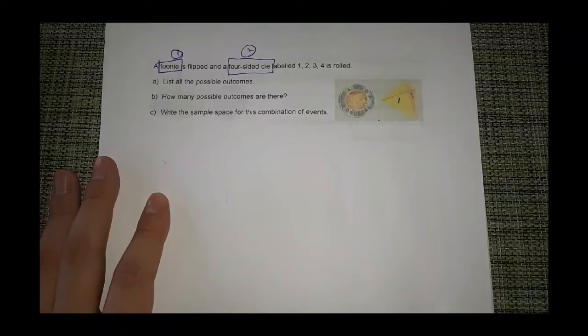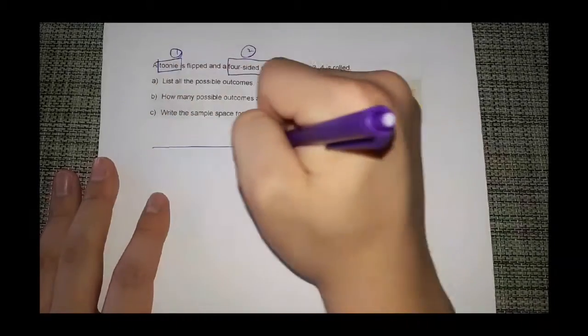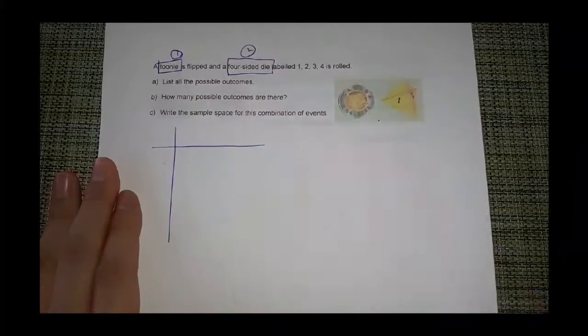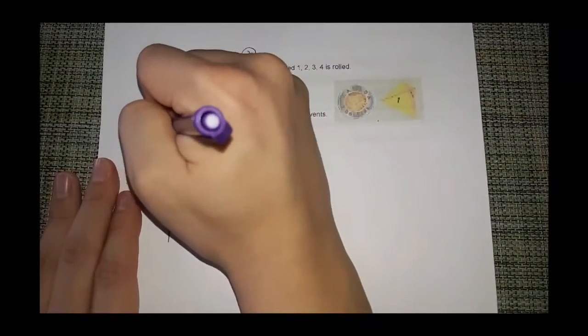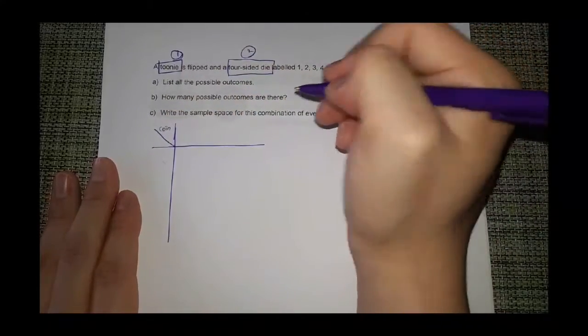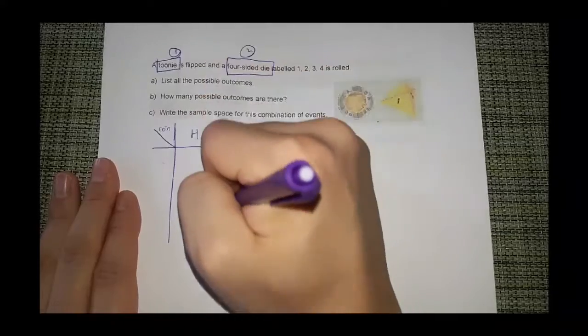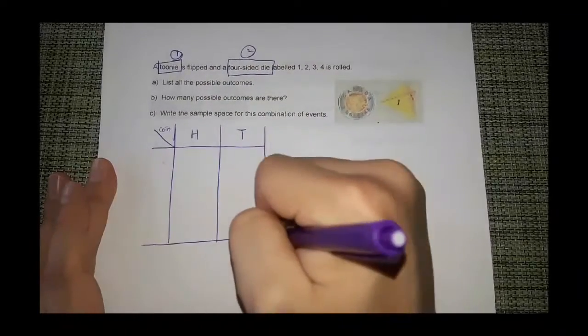Let's create a table. This time, why don't I create a table where I have coin on horizontal location over here, which is head for one column, tail for another column, something like that.